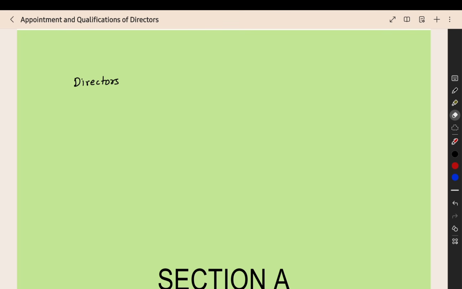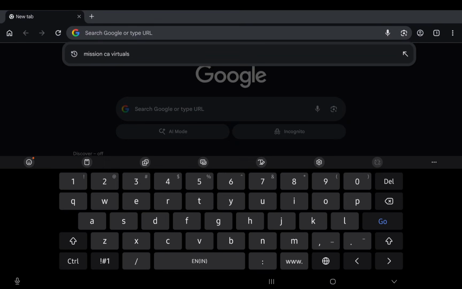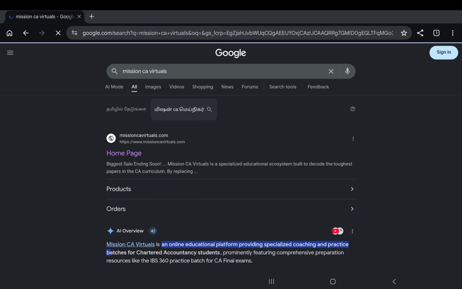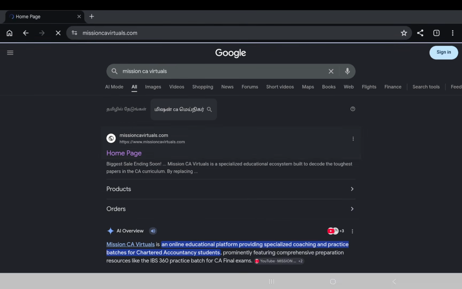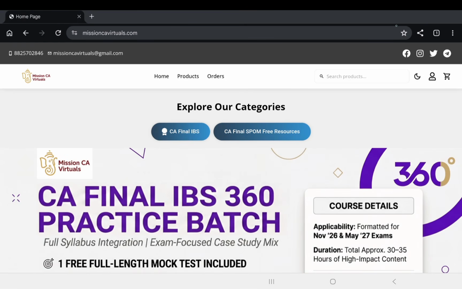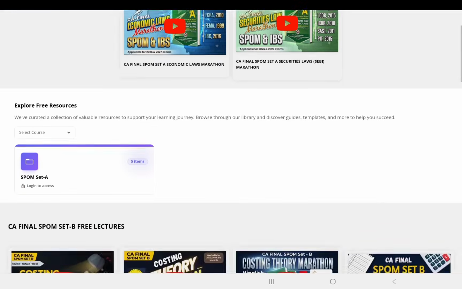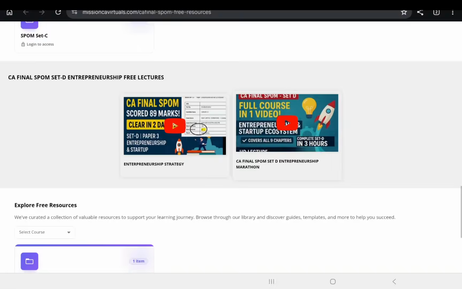Now I will tell you how to use the website to download the notes. Here in the browser you can type Mission CA Virtuals and then you can see the first page which is opened and here you can click on it. Now here you will see this tab, CA Final SPOM free resources. When you go into that, you will be able to find all the SPOM resources. Set A, Set B, Set C, Set D, everything will be there.